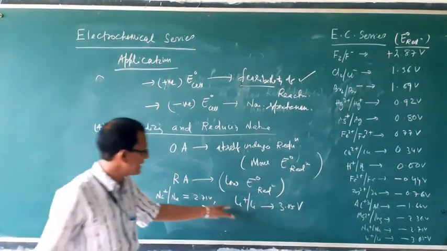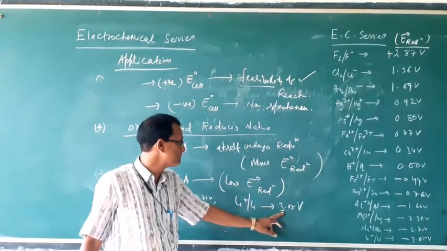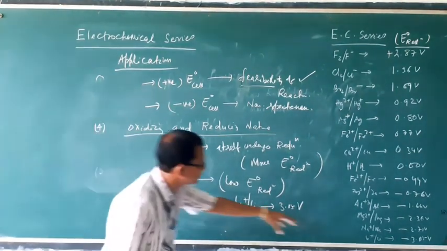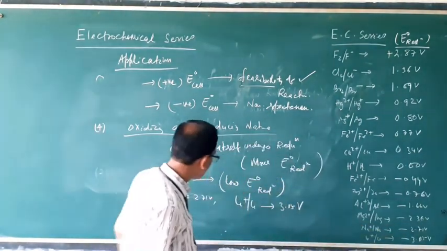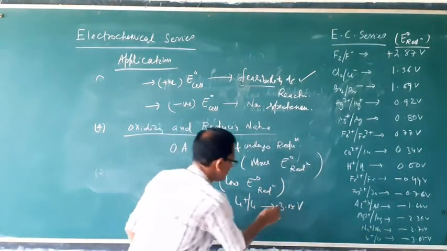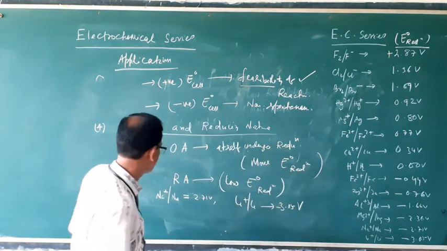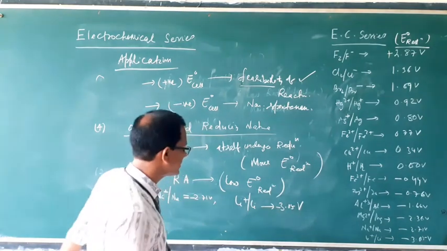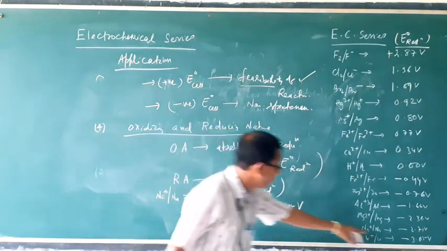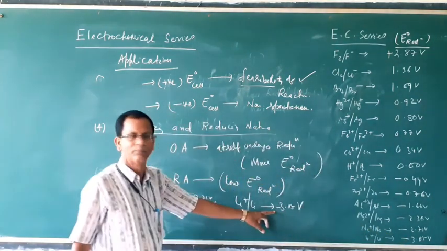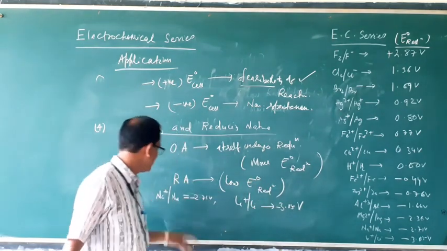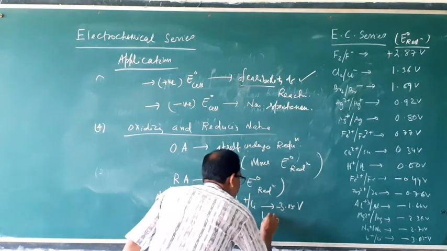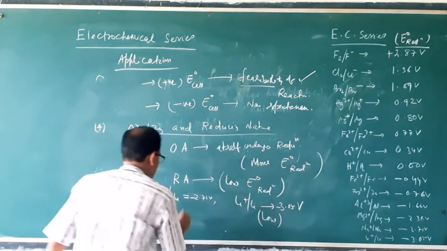I forgot to write the minus sign here. As lithium has a low reduction potential, minus 3.05, compared to minus 2.71 for sodium, this is low, this is high.